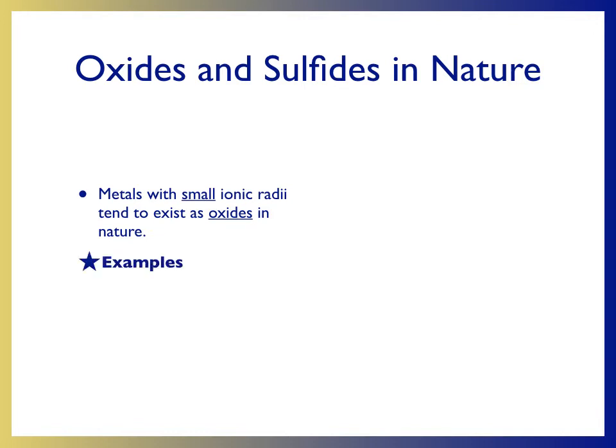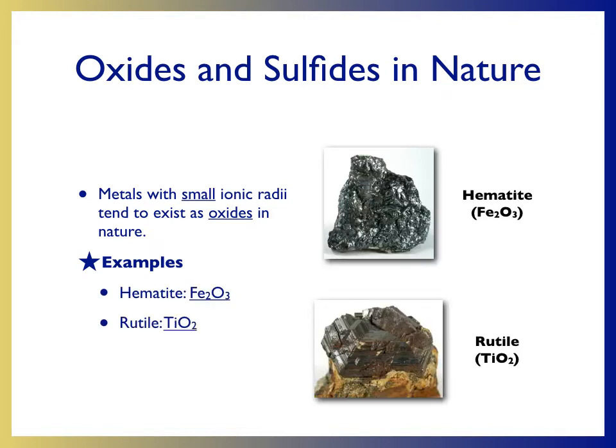Here are some examples of naturally occurring oxide compounds that can be found in the Earth's crust. Hematite is the oxide of iron, and rutile is the oxide of titanium. Both titanium and iron are in the first row of the transition metals, meaning that those ions are relatively small.